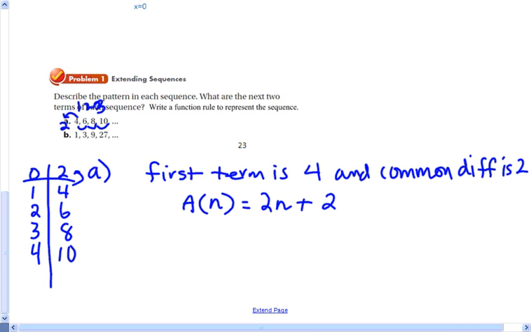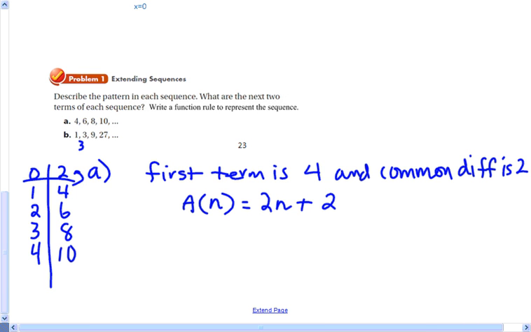All right, second sequence. We are adding 2, then we would be adding 6, then we'd be adding a heck of a lot more, we'd be adding 18. So there is no common difference. This one actually has a common multiplier or a common ratio. If you do 3 divided by 1, you get 3.